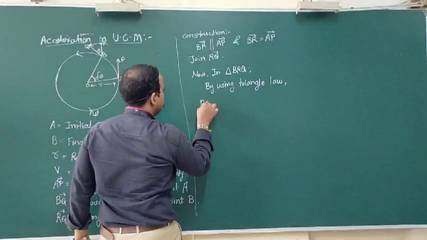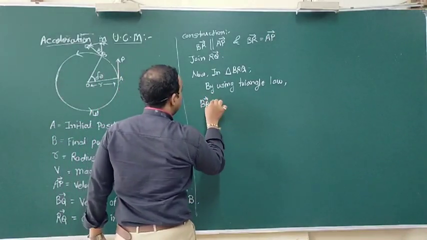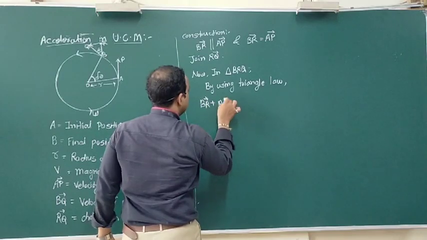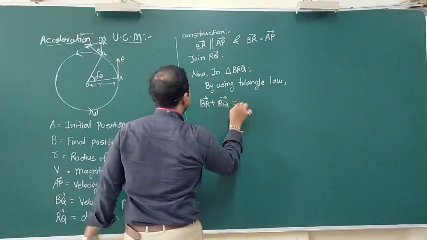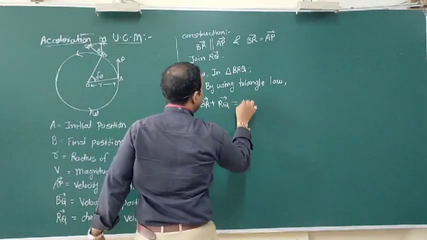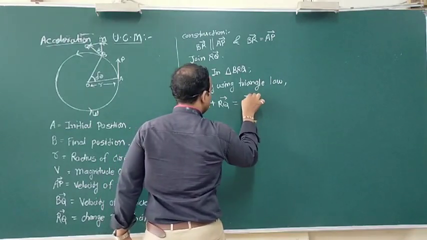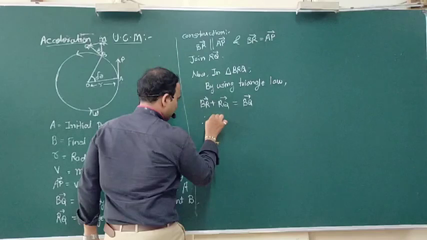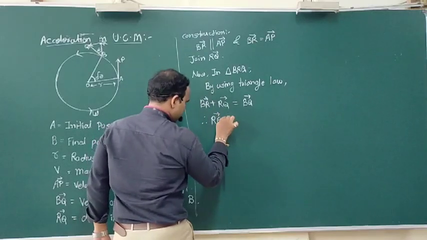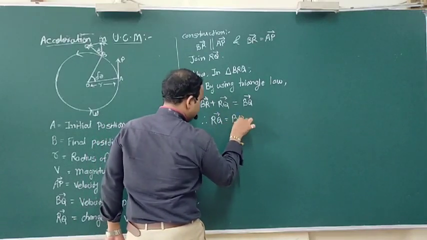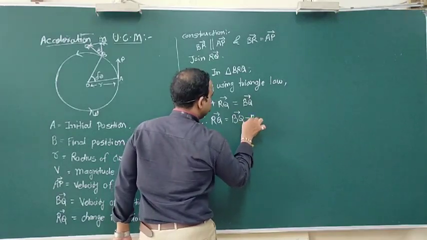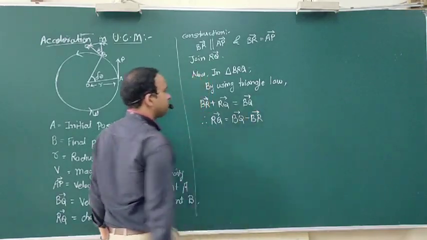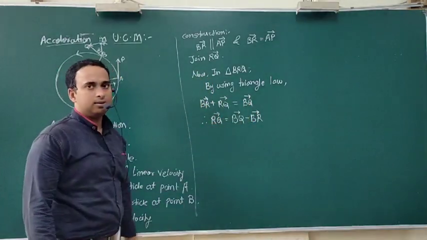Therefore RQ bar is equal to BQ bar minus BR bar. This term goes to this side.